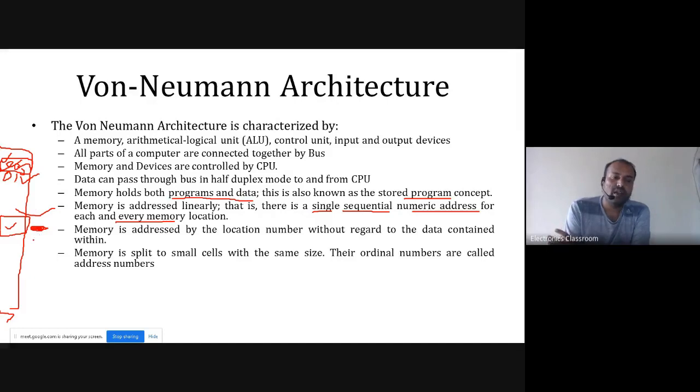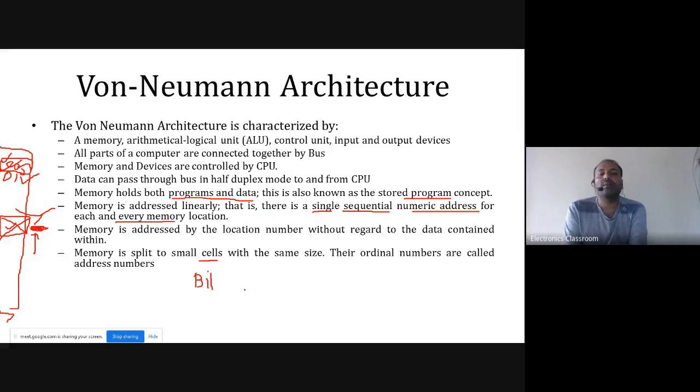Memory is addressed only with its linear address, regardless of its data. Then memory is split into small cells of the same size, and we refer to those cells as bits.